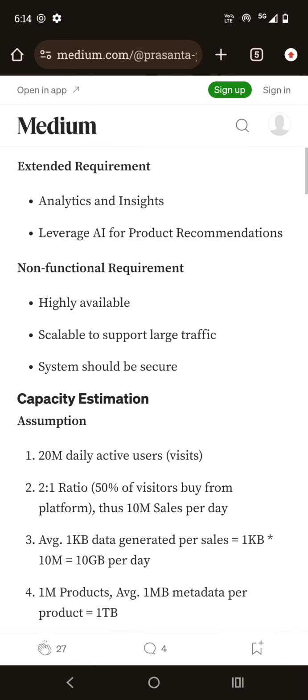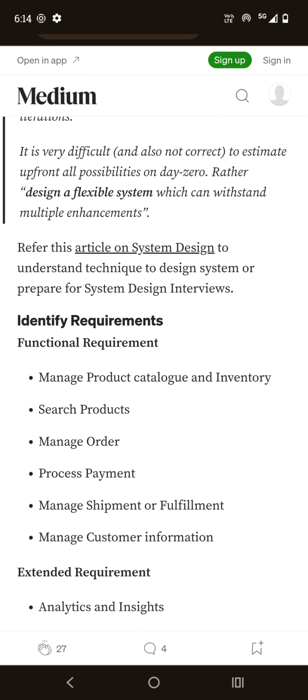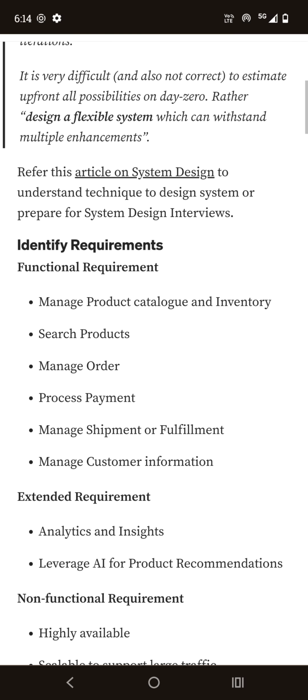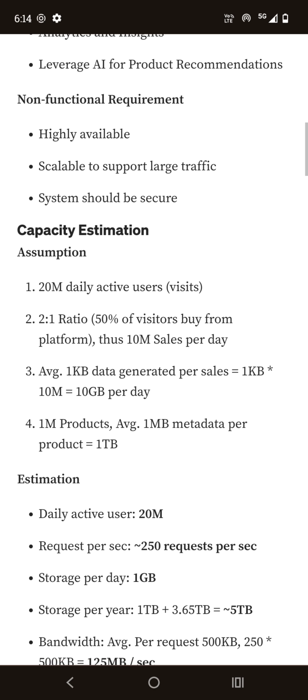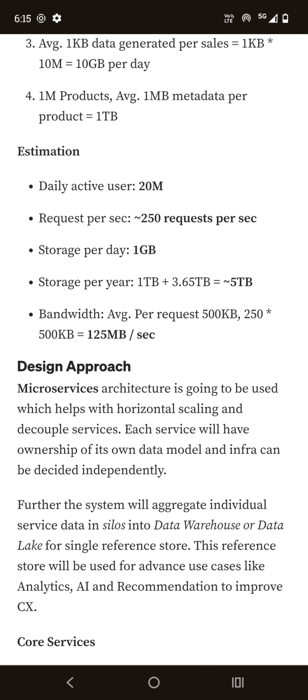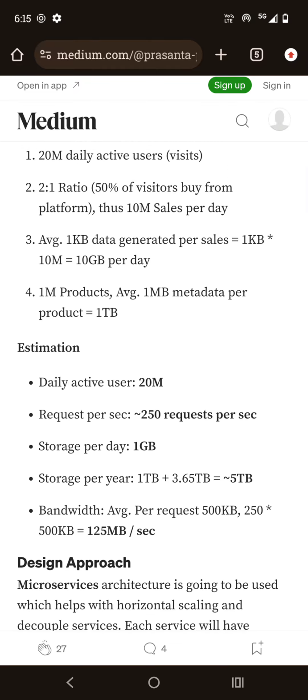So again, understanding the functional requirement, the non-functional requirement, and the capacity of a system, you need to come up with the required storage, servers, CPU processing and network capacity.